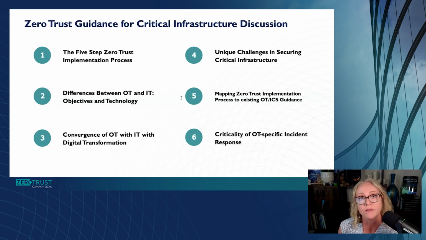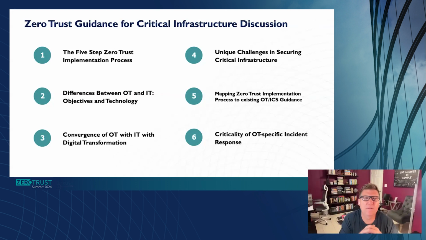Or if we need to upfit the network to do something a little bit different. So we talk about data diodes, we talk about cross-domain solutions so that you have something that you can actually do in an OT environment. And I think that's really what makes me so happy here. When we set out with this, we really wanted something that you guys could operationalize, not just this is the way that the ideal target would be, but we don't really have a path to get there and it's just not achievable.